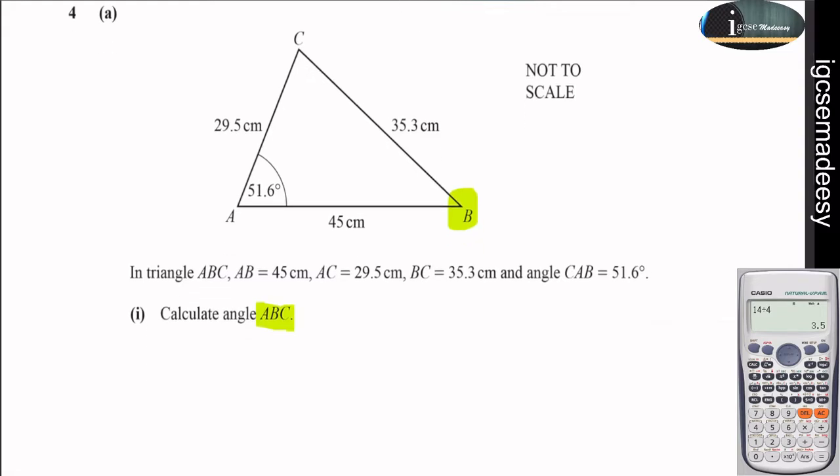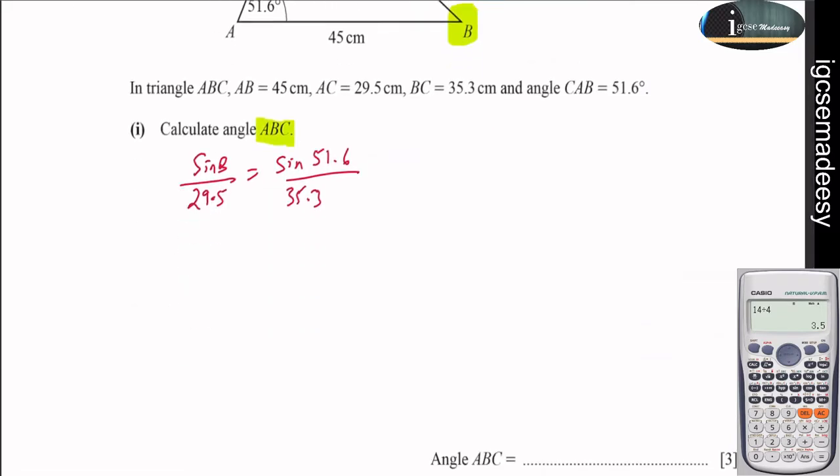So we can write sine of B divided by 29.5 will be equal to sine of A, that is 51.6 divided by 35.3. So sine B will be equal to sine of 51.6 times 29.5 divided by 35.3, cross multiplying, right?